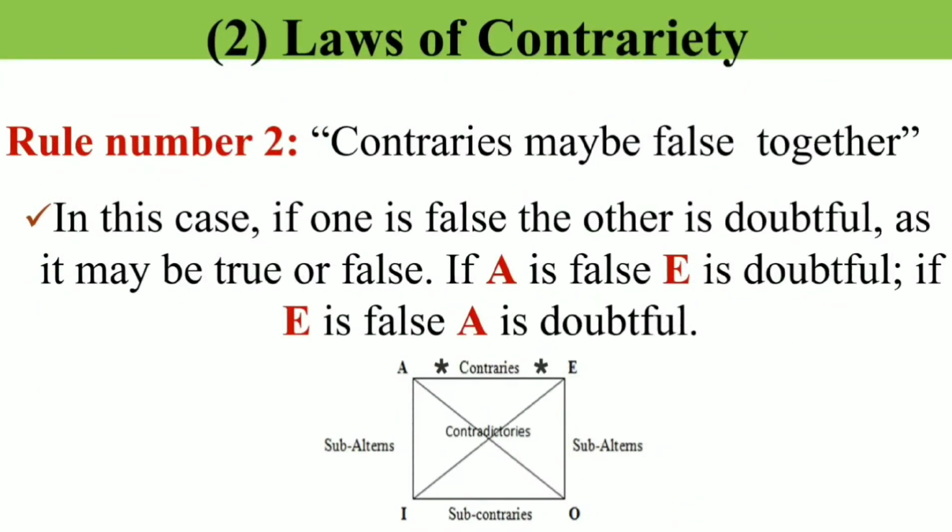In this case, if one is false, the other is doubtful, as it may be true or false. So if A is false, E is doubtful. If E is false, A is doubtful. That's rule number 2: contraries may be false together.